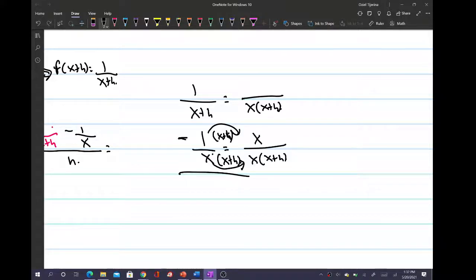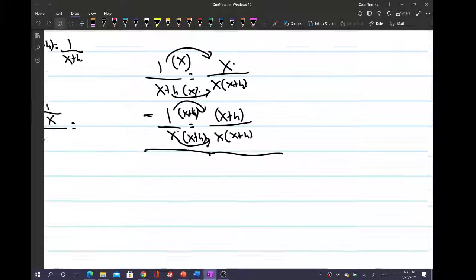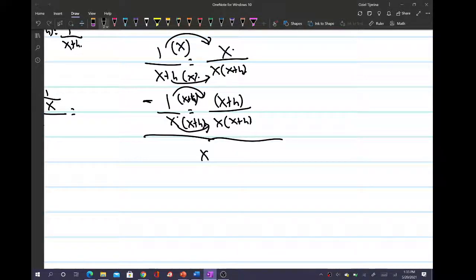And that gives you x plus h, right? And then similarly for the other one, to get from x plus h to x times x plus h, you're going to multiply by x. What you do to the bottom, you do to the top. 1 times x is just x. So therefore, you're going to get x minus the quantity x plus h over x times x plus h, right?